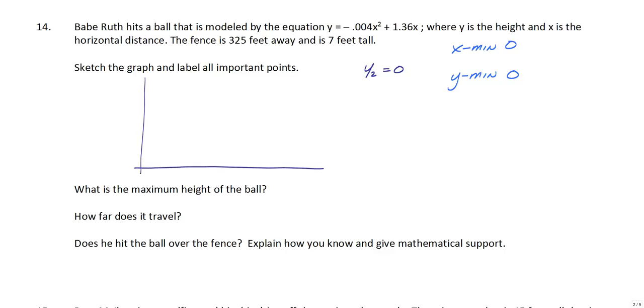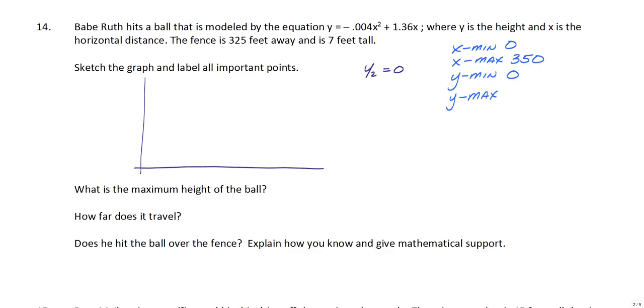So it says that the fence is 325 feet away, and we're going to check to see if he hits a home run. So that's the minimum distance he needs to hit a home run. And so let's just go with an X max of 350. And then your Y max, it's kind of hard to tell. We don't really know how high he's going to hit the ball yet based on that equation, but we do know he's got to hit it at least 350.